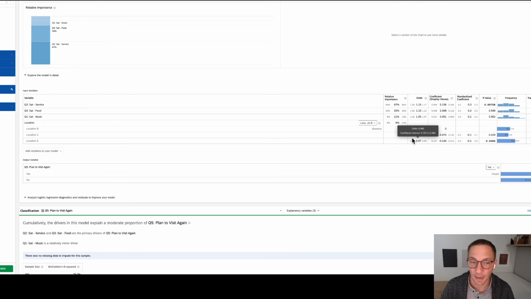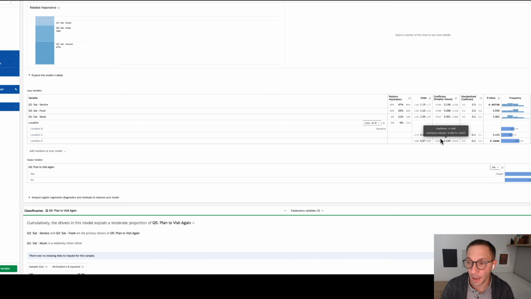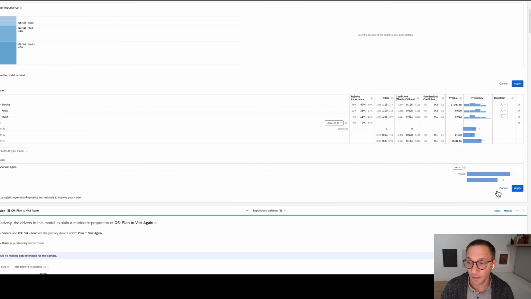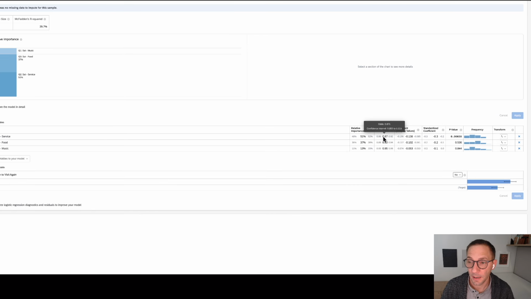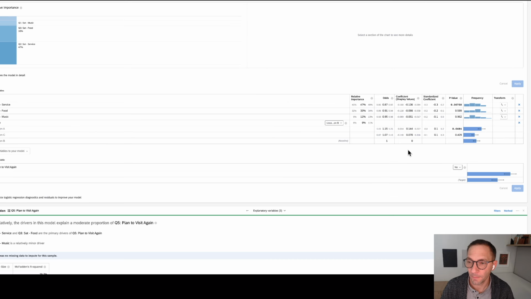So I see that there is a significant difference between B and A, such that location A has a lower likelihood, this is a negative, they have a lower likelihood to want to visit again, this target. I could switch the target to a no, and I'll get the same betas, just different signs once that pops up.